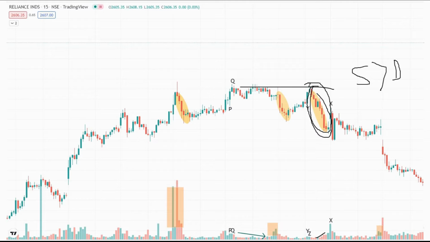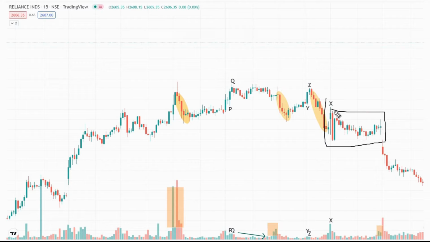Now, what happened here? There was a consolidation phase after a very, very strong downside momentum.